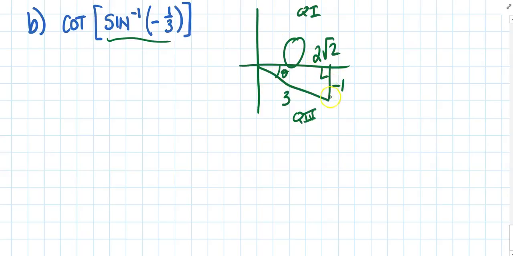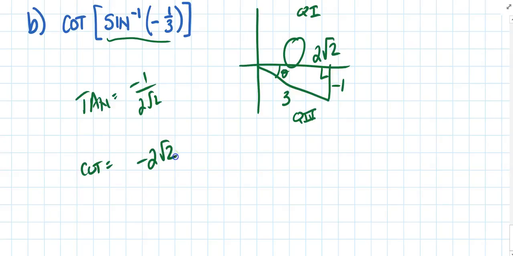And I remember that the tangent is worth negative 1 divided by 2 radical 2. So therefore, the cotangent is going to be 1 over that. So that's just going to be negative 2 radical 2. So this whole thing has a value that is worth negative 2 radical 2.